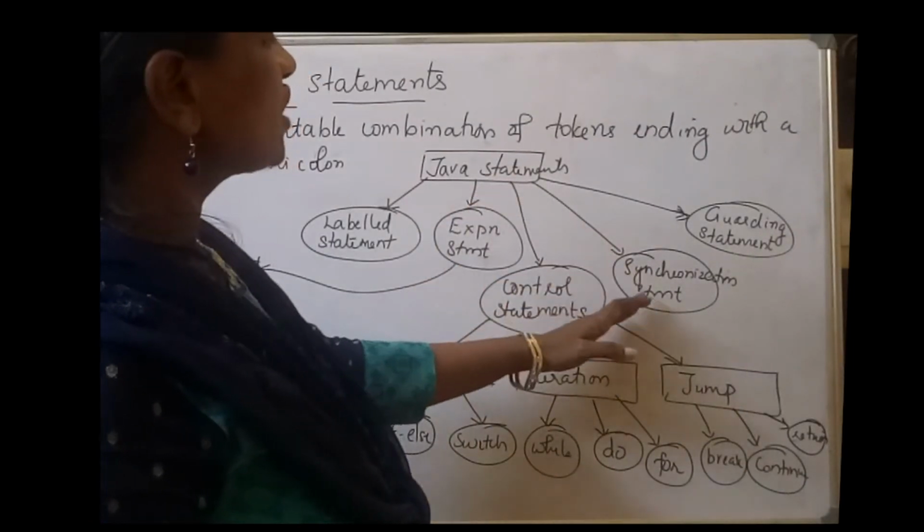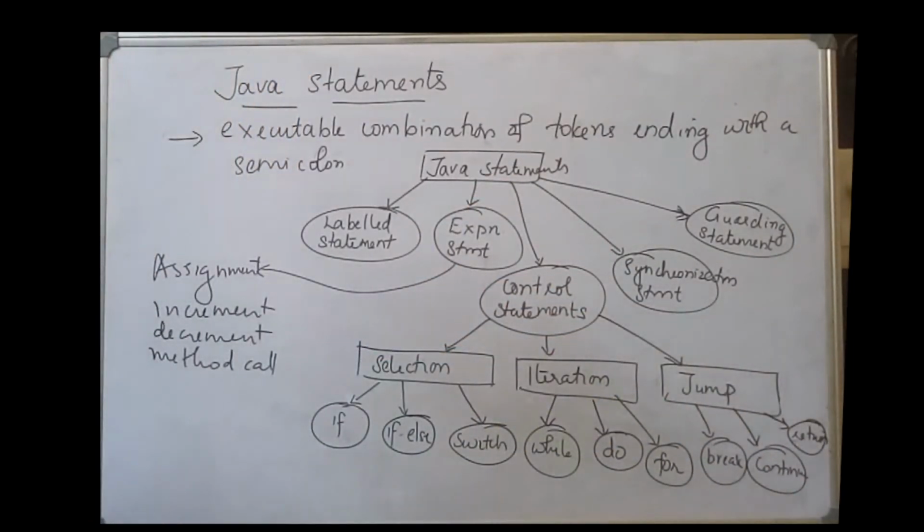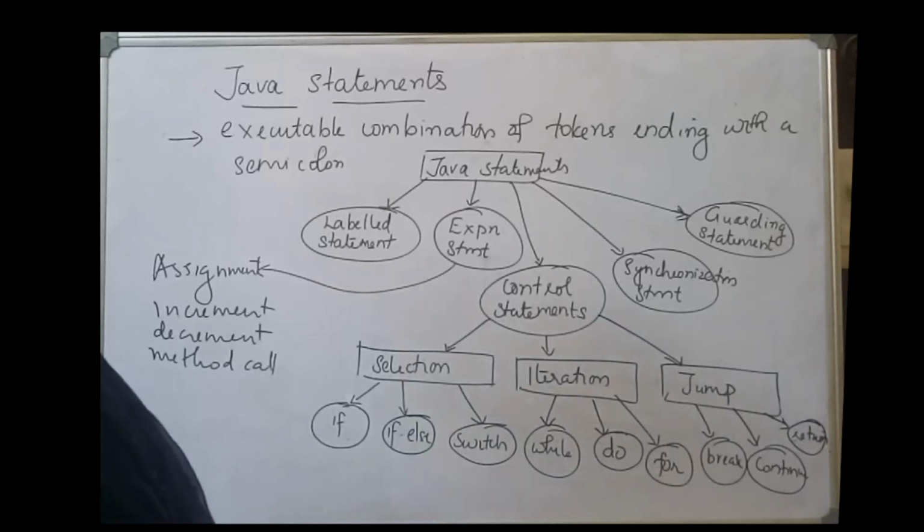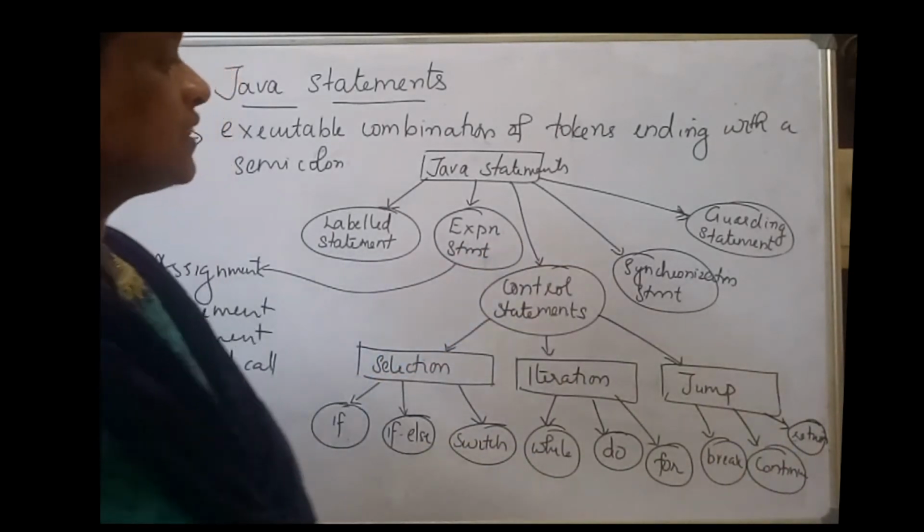Next type of Java statement is the synchronization statement. Okay, that is used along with the multi-threading concept in Java, which we will see later. What is multi-threading?